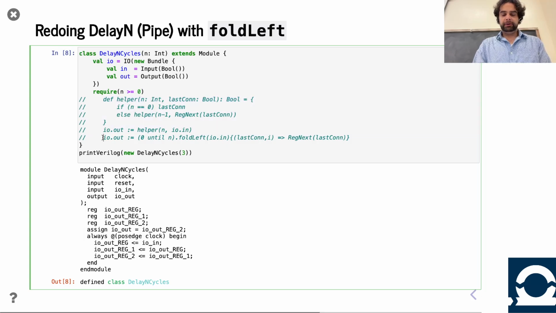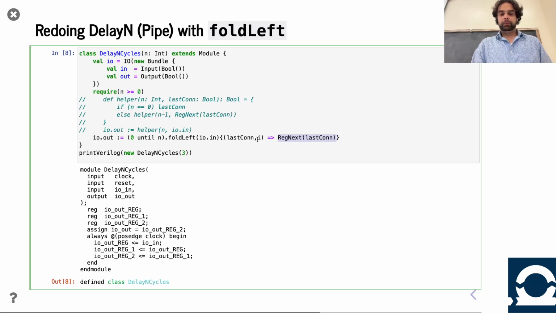What if we use this pattern of fold left, going through this collection iteratively? That's what we did. So we start with io.in, and then we make a reg next connection, and the result of this, of course, is the output of the register, which we can then call last connection, and then pass on to the next iteration.